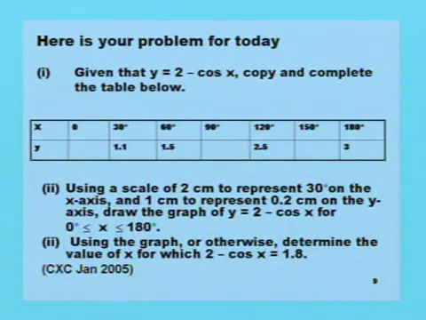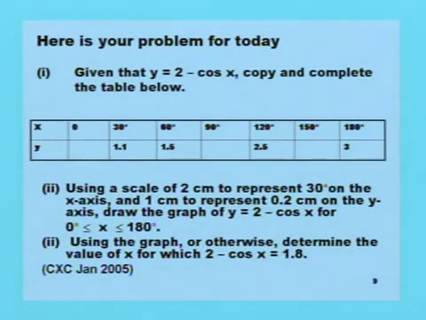Part 2 of the question. Using a scale of 2 cm to represent 30 degrees on the x-axis and 1 cm to represent 0.2 on the y-axis, draw the graph of y equals 2 minus cos x for x in the range 0 degrees to 180 degrees.